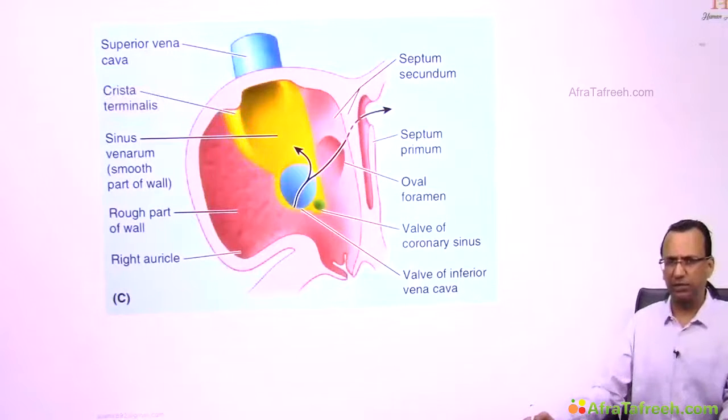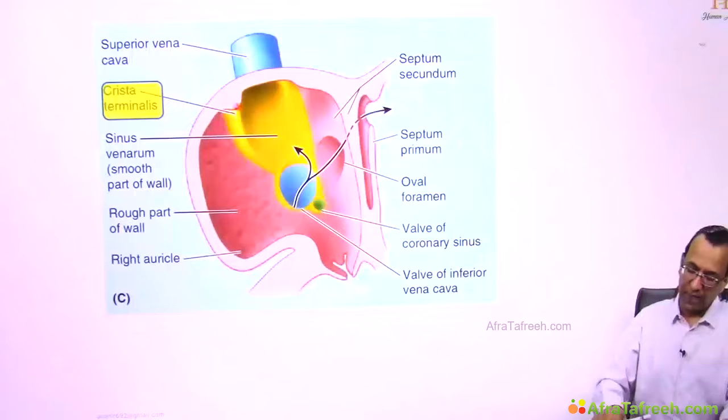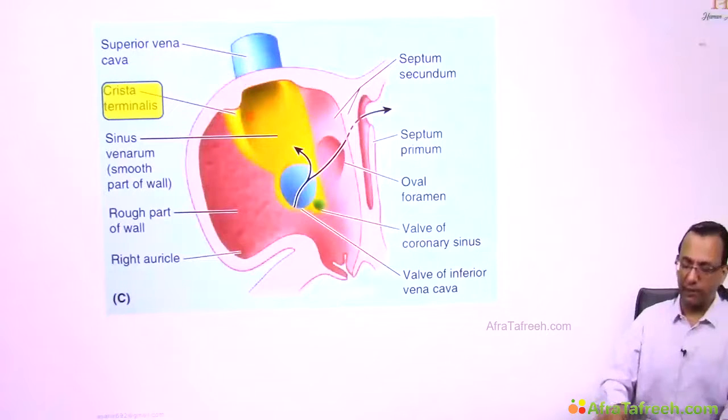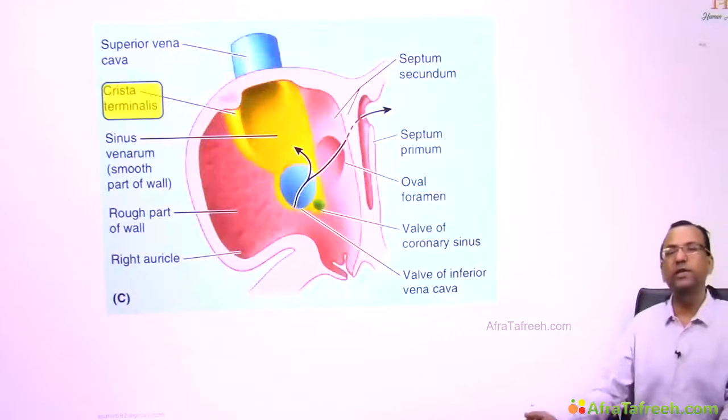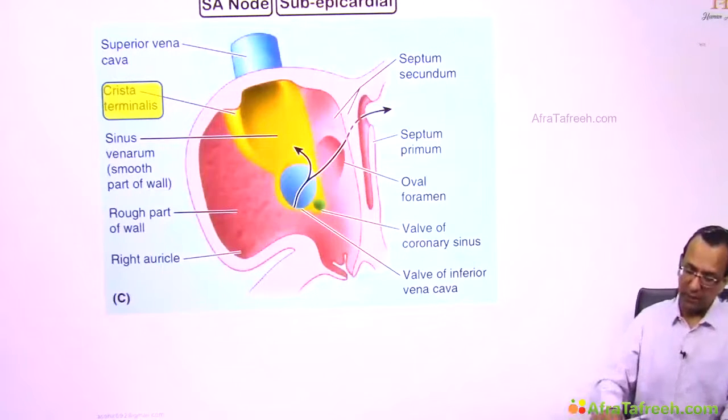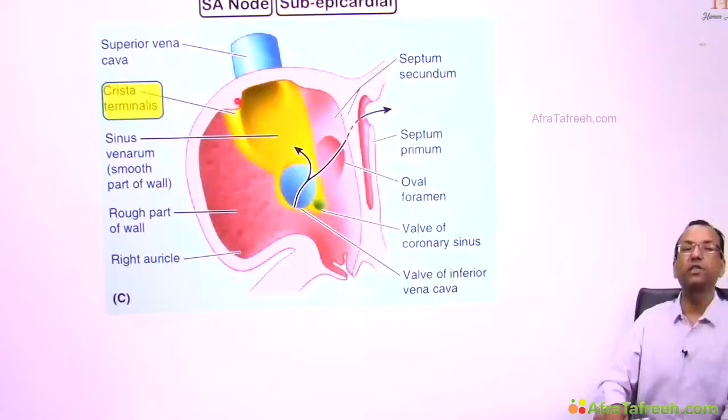A question comes now. What is developing at the upper end of the crista terminalis? The SA node. Where is the SA node present: myocardium, endocardium, or epicardium? Gray's Anatomy says the SA node is present at the upper end of the crista terminalis in the subepicardial region.